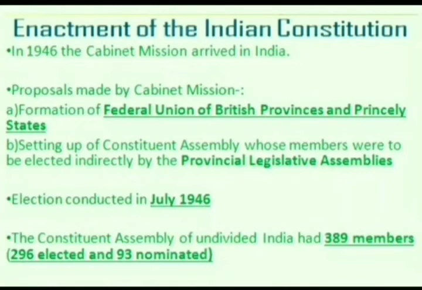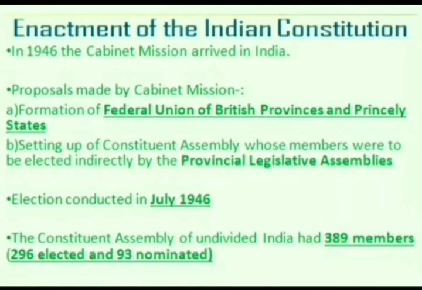So, elections were held in July 1946, but these elections were limited to provincial areas, that is, British ruled provinces of India, because the princely states nominated their members to the Constituent Assembly instead of electing.